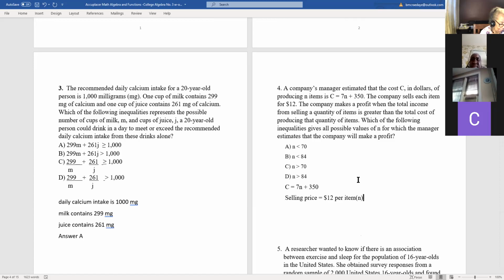So what would be the answer to number 4? What must he sell to make a profit? What must be greater than, right? $12 times N, that's the price. What must that be greater than?